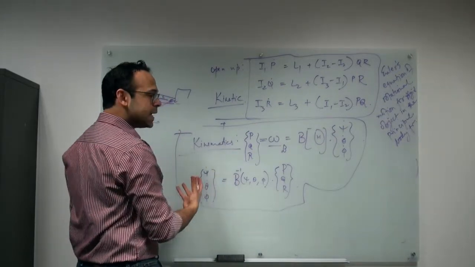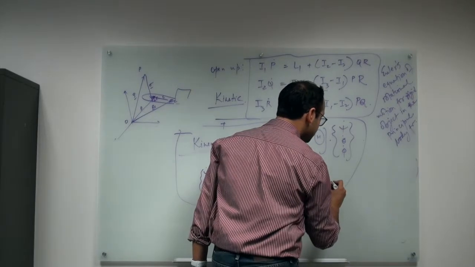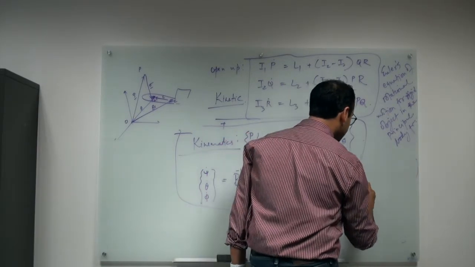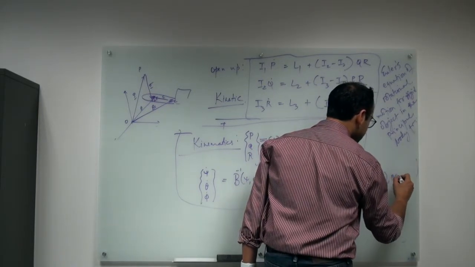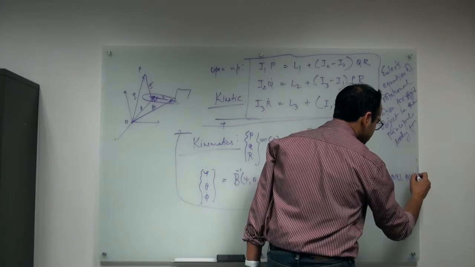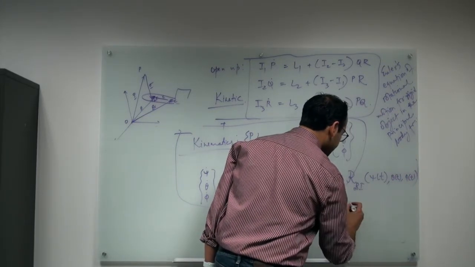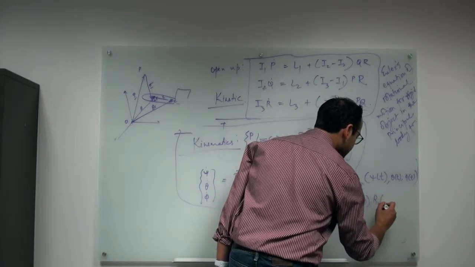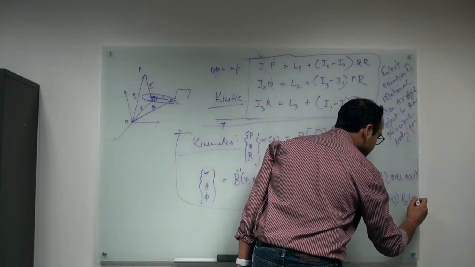And once you get psi, theta, phi, you can get the rotational position, if you remember, which is nothing but the RBI matrix at all times. This was element 1, 2, 3.